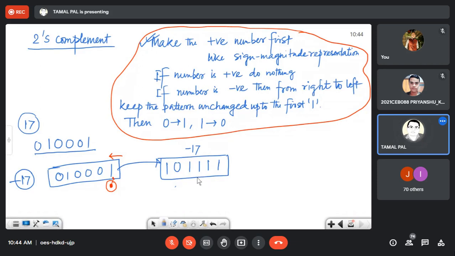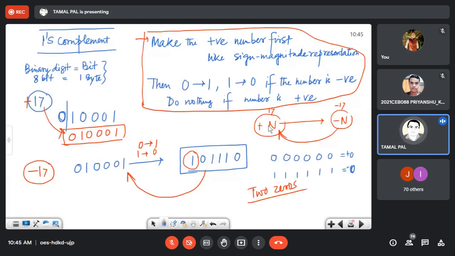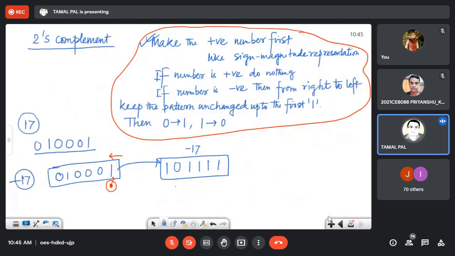Now the same thing is true for plus 17, because if your number is n and it is positive, you do the 1's complement operation to make it negative, and you do the 1's complement operation again to make it positive. Same thing is true for 2's complement also.